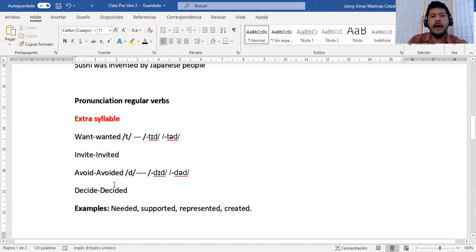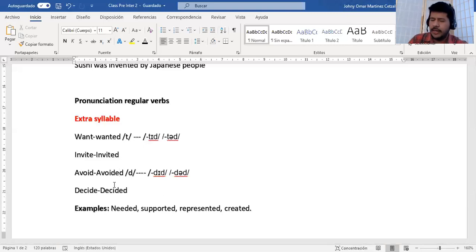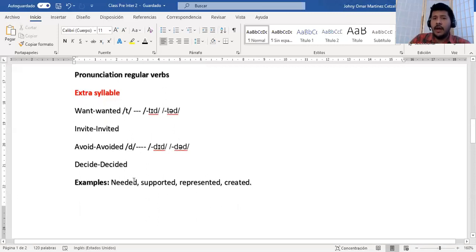And finally, decide. How many syllables? Two again. So decide, decided, okay? So you can clearly see how it changes the pronunciation, and it only applies to those ones. Other examples with da and cha sound, well, need, needed, support, supported, represent, represented, create, created, okay?